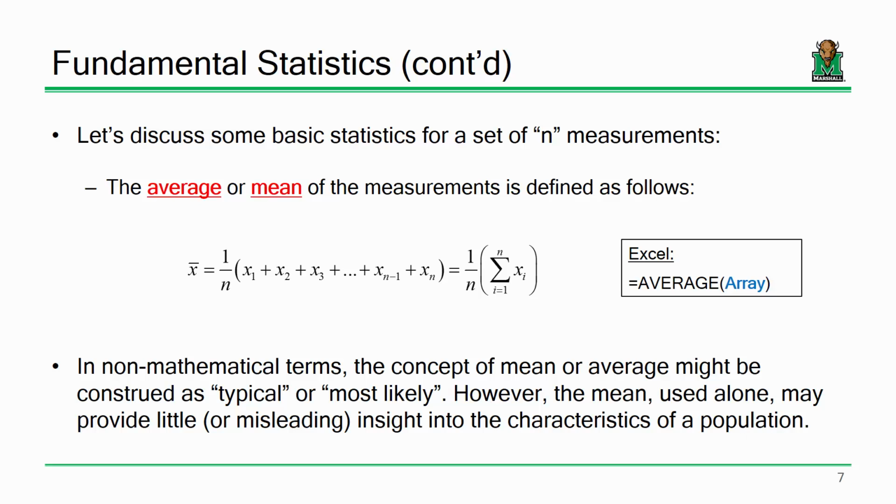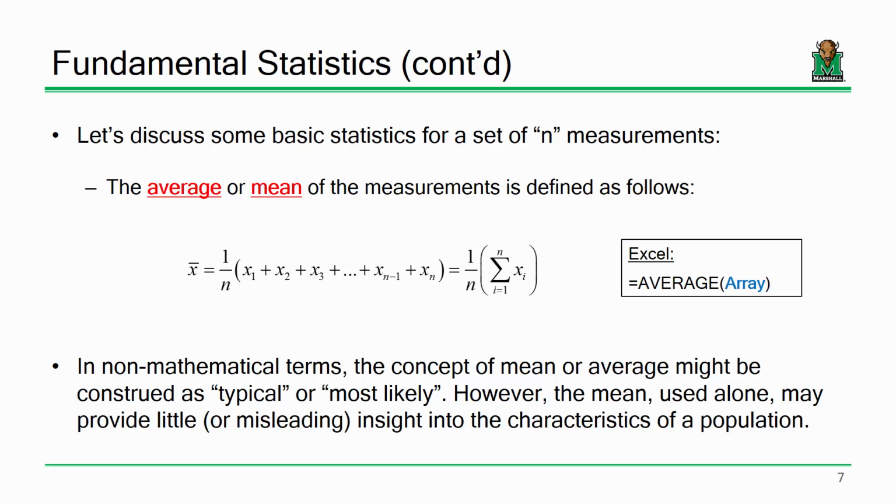I'm going to do my best to simplify them, but I'm not going to start deriving statistics formulas for you. You will take a statistics course later. Sound good? All right.